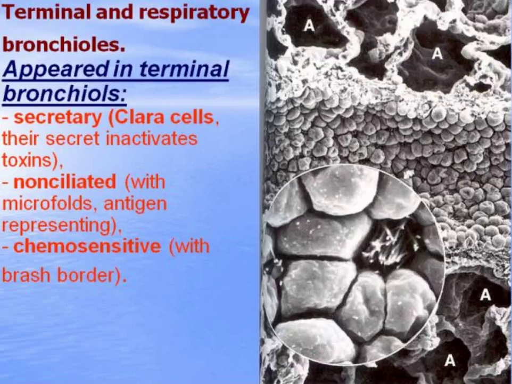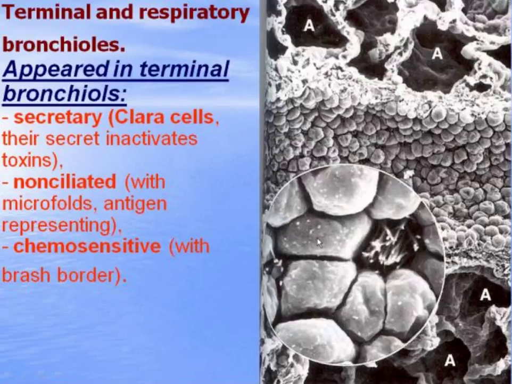In terminal and respiratory bronchioles, the above-mentioned cells are replaced by secretory Clara cells. They secrete and inactivate toxins in inspired air.